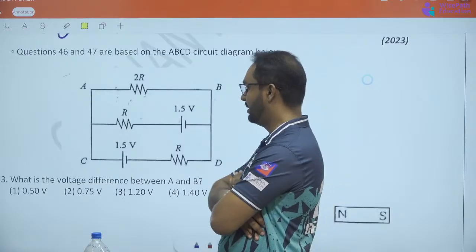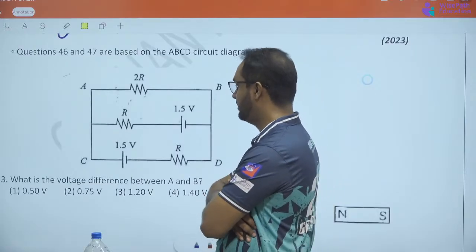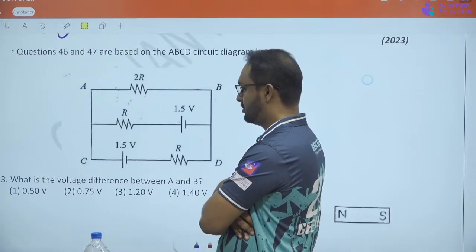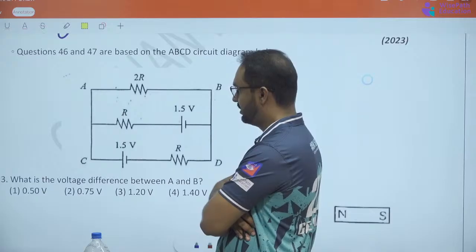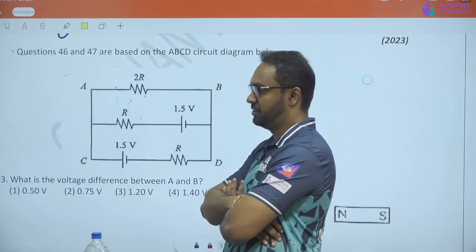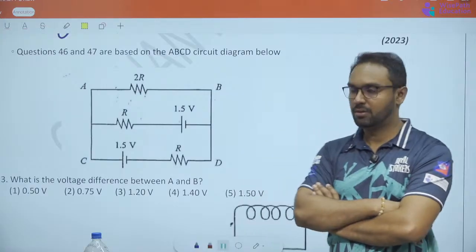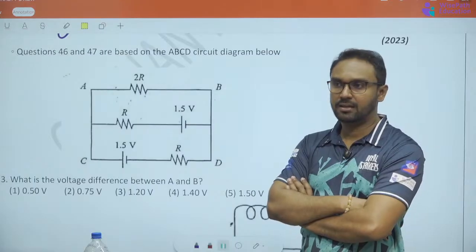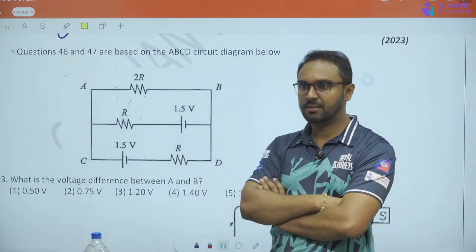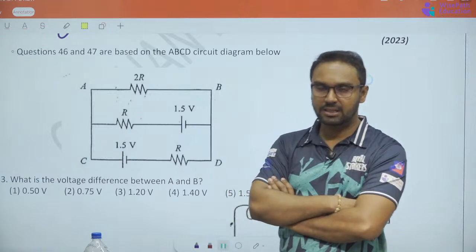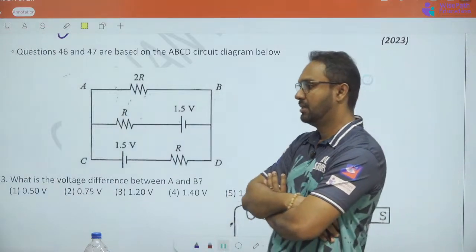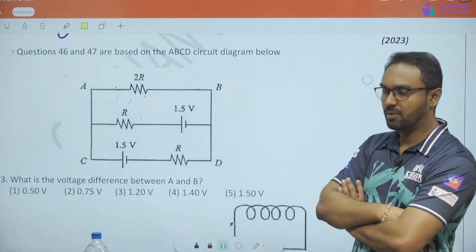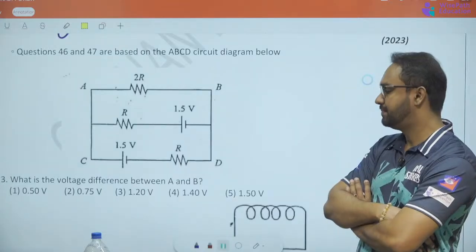There are two batteries and they're in parallel combination. When they're in parallel combination, the total voltage applied to the whole circuit is the same. It's like capacitors. If two capacitors are connected in parallel, the total voltage that it can give will be the same.